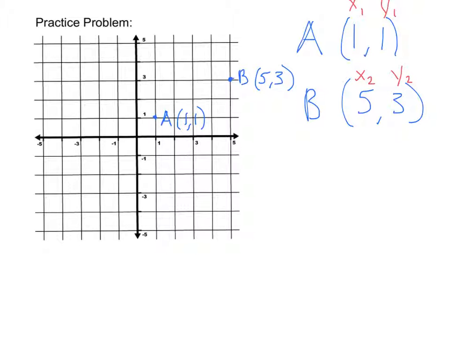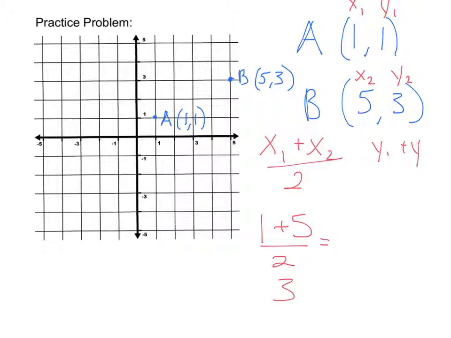First we want to find the x-coordinate of the midpoint, which we do by adding x1 plus x2 over 2. That'll be 1 plus 5 over 2, which equals 3. And then now we want to find the y-coordinate. y1 plus y2 over 2, that'll be 1 plus 3 over 2, which equals 2. So now we know that the midpoint is at 3, 2, which we can see here looks just about right.